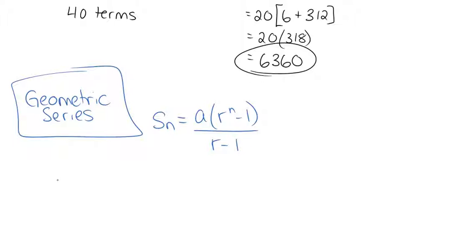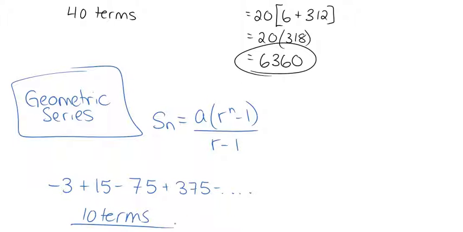We could take a geometric sequence like -3 plus 15 minus 75 plus 375, and find the sum of the terms. Say I want the first 10 terms, so S10. A would be -3.